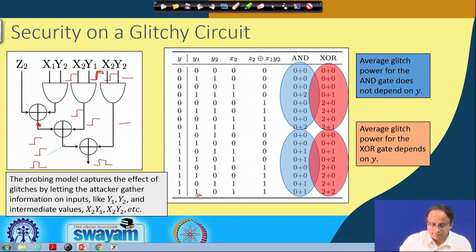Likewise, if I write y2 is equal to 0, that means there is no transition because 0 remains 0. If you consider x2, then again there is a transition from 0 to 1, shown over here. If I write z2 XOR x1 y2 is equal to 1, that means again there is a transition here. So this point makes a transition.